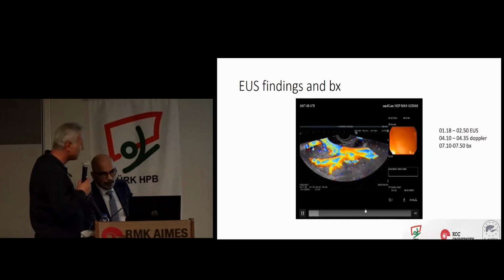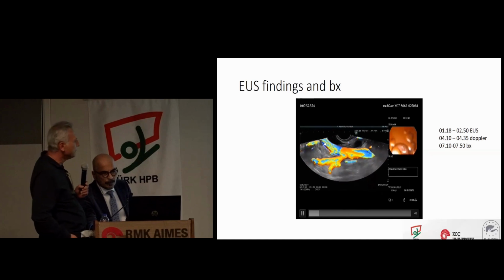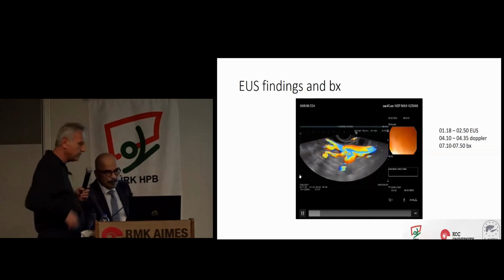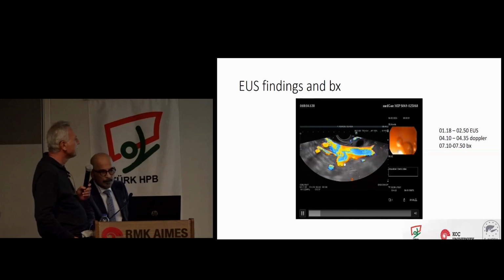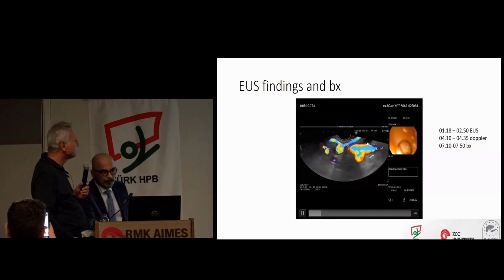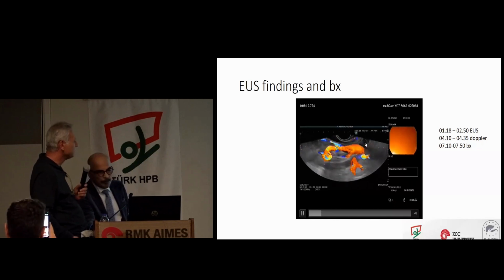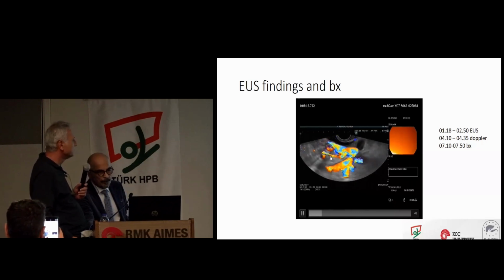Yes, you can see here the vascularity: superior mesenteric vein, portal vein, splenic vein, inferior mesenteric vein, and on the other side the hepatic artery, the upper side of the hepatic artery. Yes. The upper part, you can see here the common bile duct. Hepatic artery, common bile duct, and pancreatic duct now.